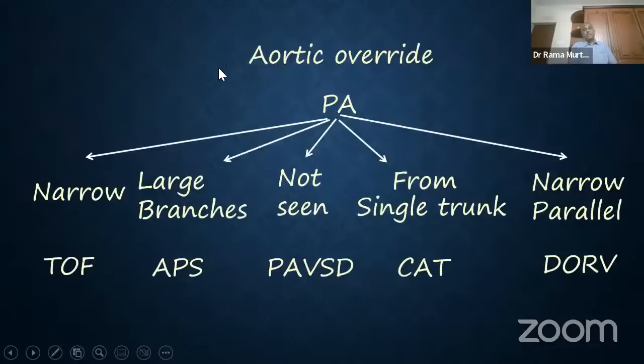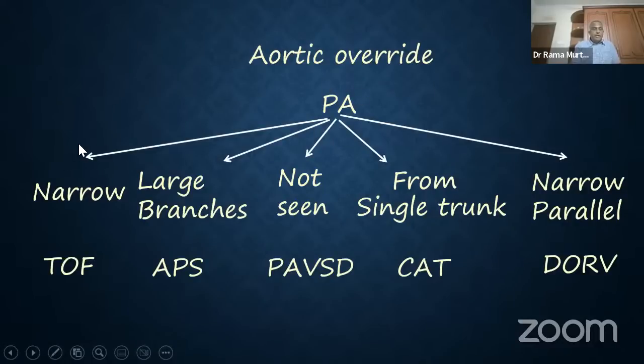So another way of looking at this algorithm in an aortic override is to actually look at the status of the pulmonary artery. So leave alone the DORVs with pulmonary stenosis and sub-VSD, leave alone the interrupted aortic arch. But if you look at the run-of-the-mill bulk of the cases, in the case of aortic override, let's look at the status of the pulmonary artery.